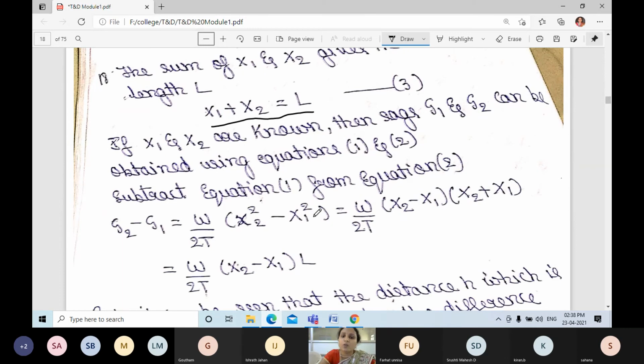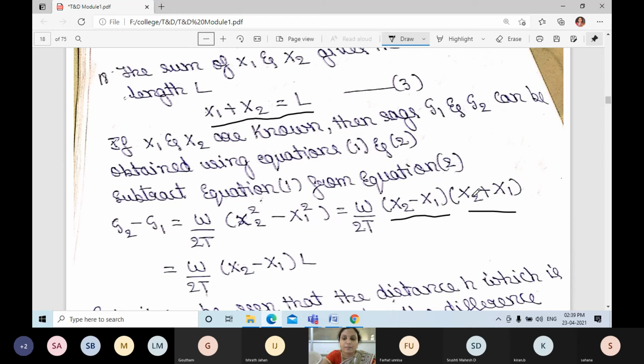Equation 2 minus equation 1, that is S2 minus S1, is equal to omega divided by 2T, which is common, times the bracket x2 square minus x1 square. It is similar to a square minus b square, which can be written as (a plus b)(a minus b). That is what they have written here: (x2 minus x1) into (x2 plus x1).